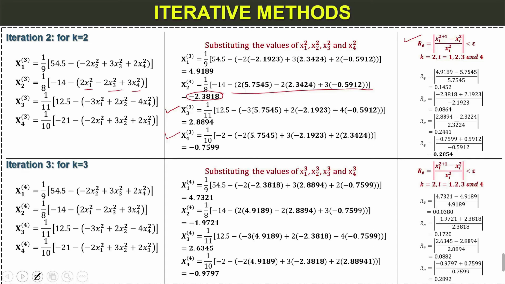So this is iteration number 3 for k equal to 3, and these are the four equations of the system of linear equations arranged in explicit form. Again we will substitute all these new estimated solutions in these equations to calculate the new estimated solution like x41, x42, x43, and x44.